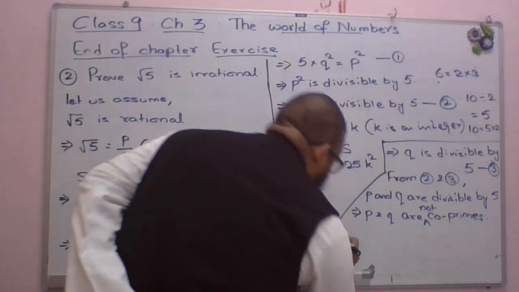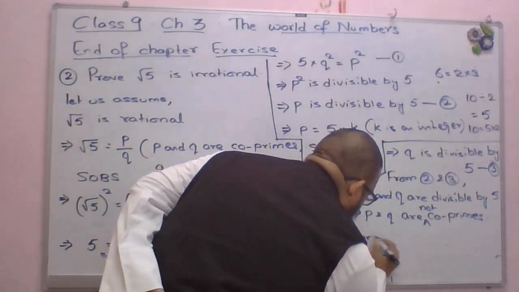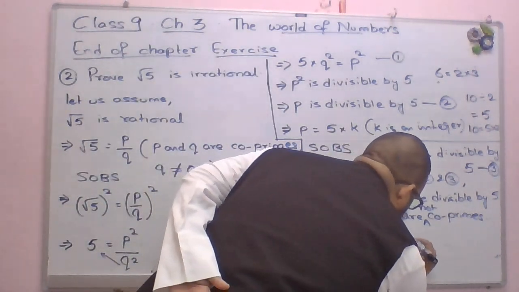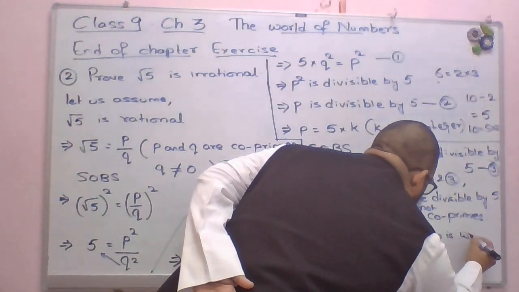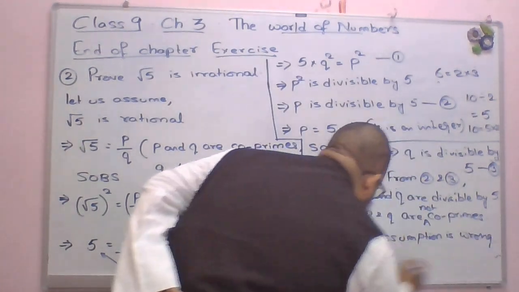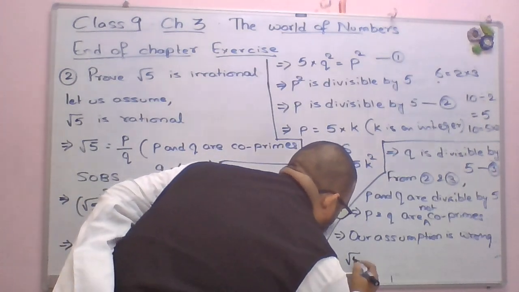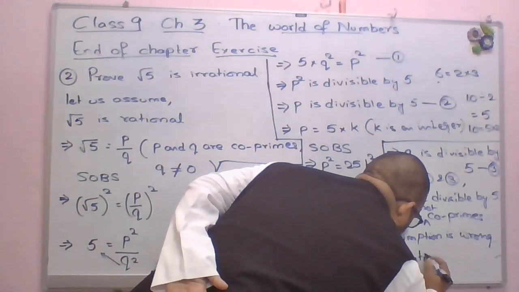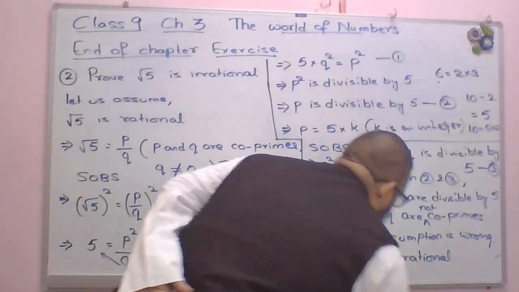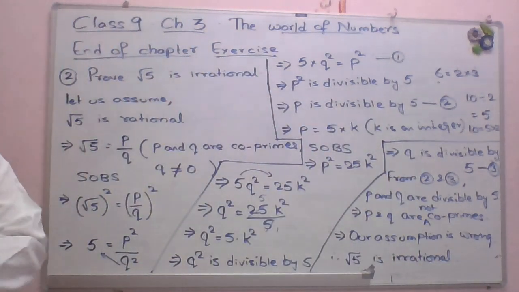So that means our assumption is wrong, not correct. So therefore, root 5 is irrational number. It is not a rational number. So therefore, it is irrational.